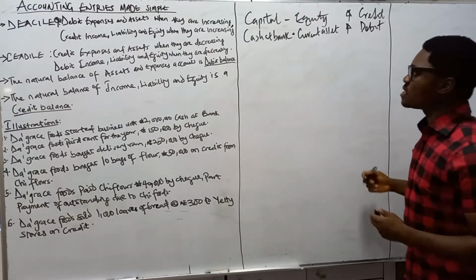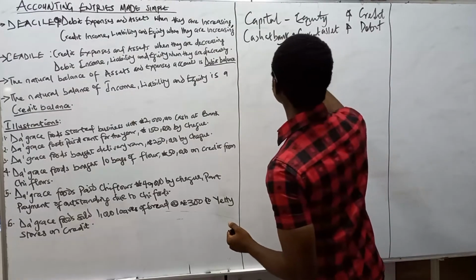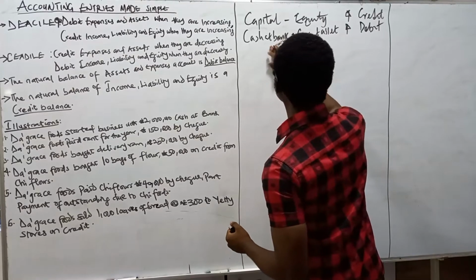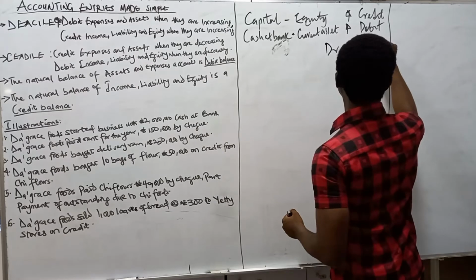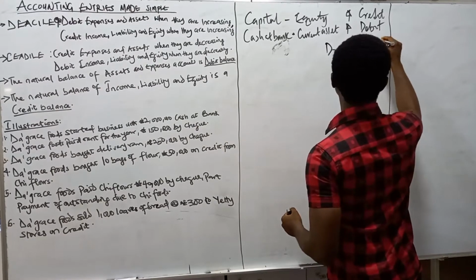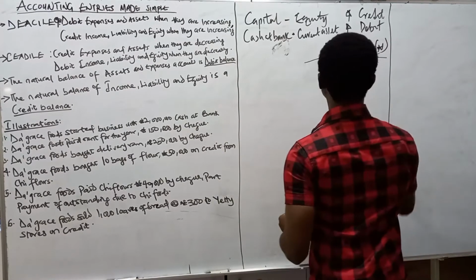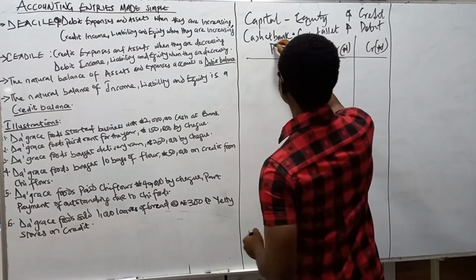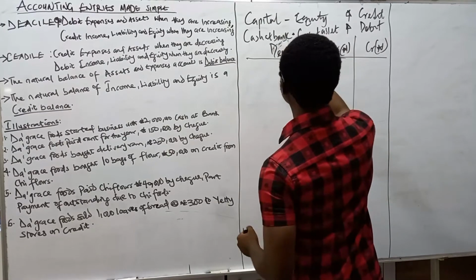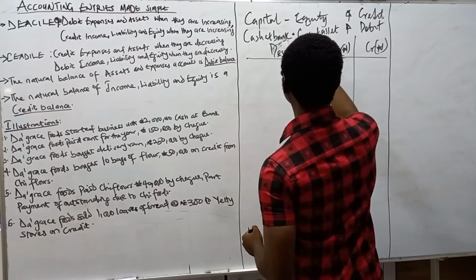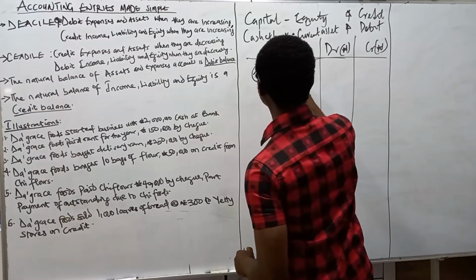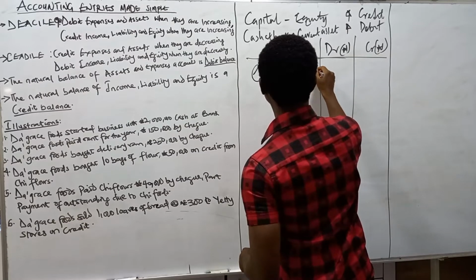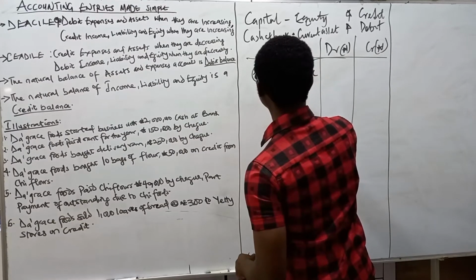To pass the accounting entry here, using the drawdown, we have our debit, we have our credit, we have the cash, we have the capital.